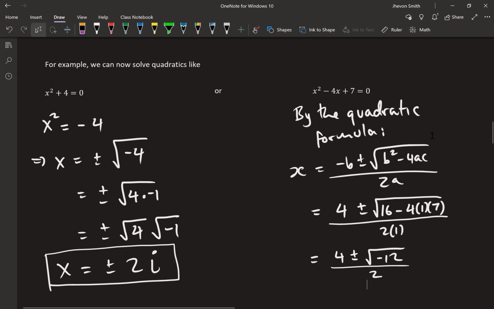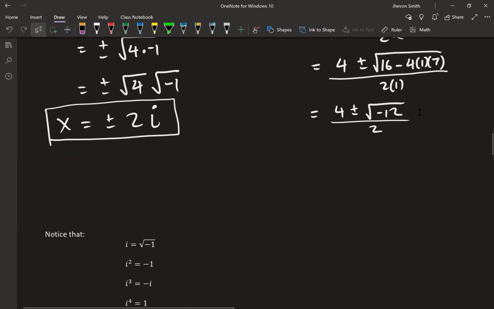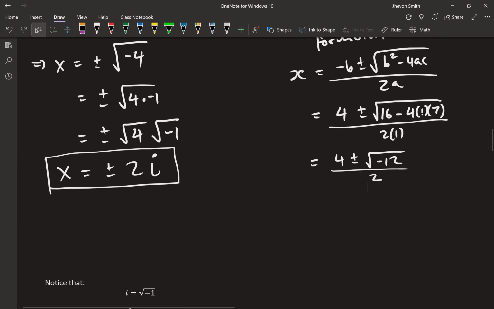Now before, the radical of minus 12 was something we're like, okay, I guess we all have to go home now, can't do anything. But now with the power of complex numbers, this actually has a solution. Here we would think of this as 4 plus or minus the radical of 12 times i.